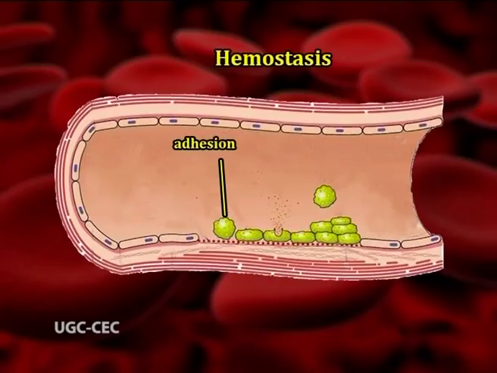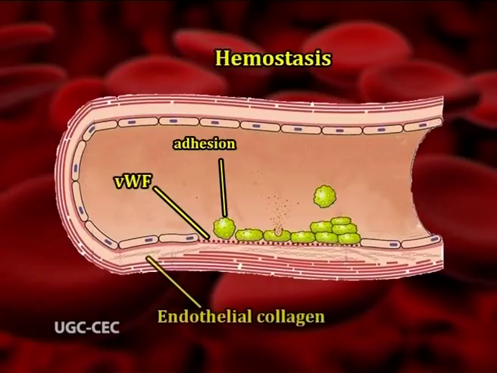Platelets play a major role in hemostasis, starting with adherence to the injured wall through von Willebrand factor, which adheres to subendothelial collagen. After adherence occurs, platelet activation takes place, whereby they change in shape with degranulation and thromboxane A2 synthesis.